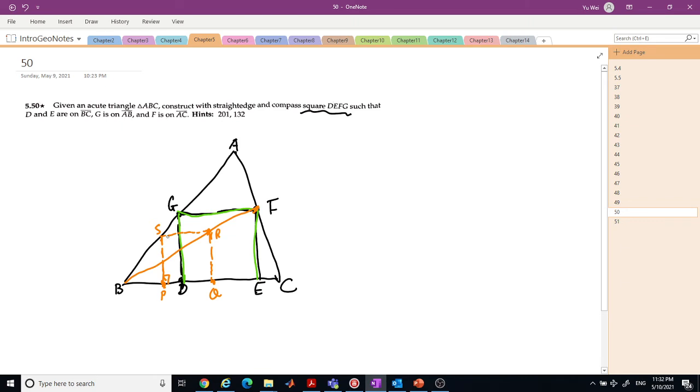Based on similar triangles, we know for example this is A, this is B. So we know QR over EF, from triangle BQR similar to triangle BEF, is equal to BR over BF.